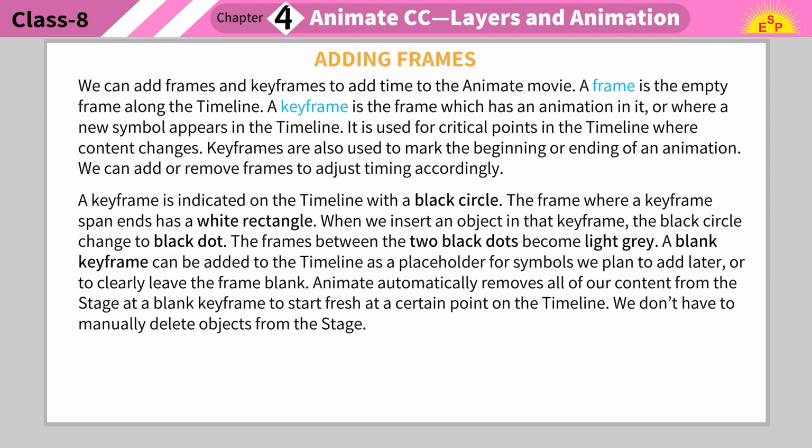A blank keyframe can be added to the timeline as a placeholder for symbols we plan to add later, or to clearly leave the frame blank. Animate automatically removes all of our content from the stage at a blank keyframe to start fresh at a certain point on the timeline. We don't have to manually delete objects from the stage.